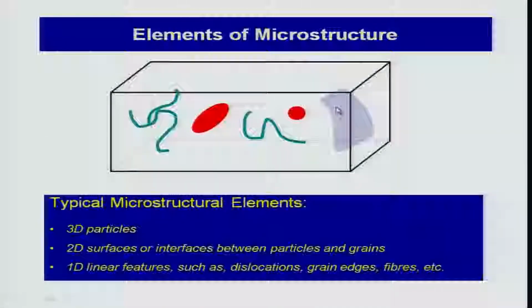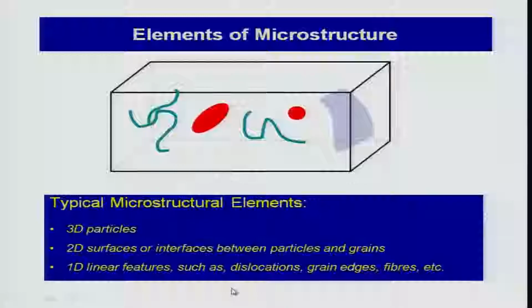So, this is shown as a surface here, or this could be line elements that are shown here. There could also be points in the 3-dimensional structure, but here we are just going to focus on these 3 elements. So, the typical microstructure elements are 3D particles, 2-dimensional surfaces or interfaces between particles and grains, or 1-dimensional linear features such as dislocations, grain edges, fibers, etc.